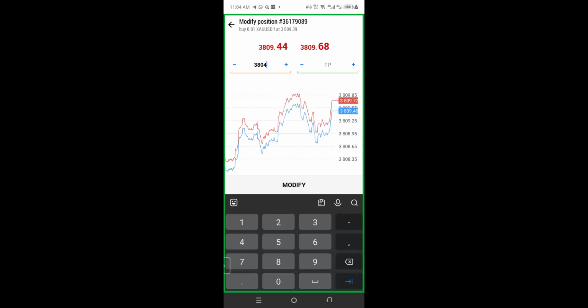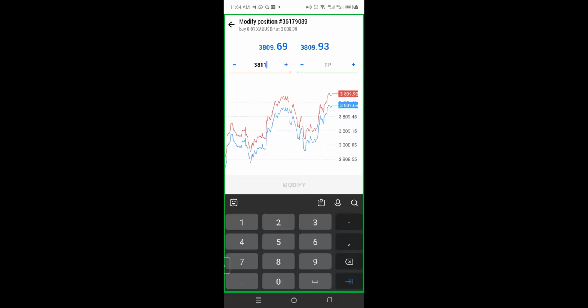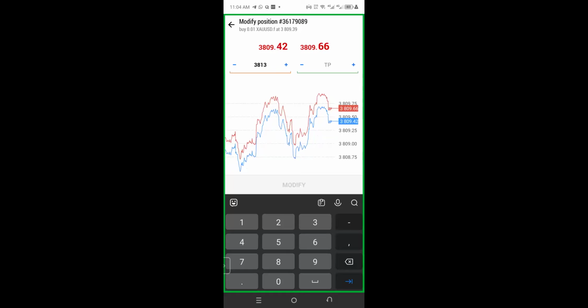I can actually bring my trailing stop to 3810 or 3811, which is like 40 pips away from the entry of this one, or play by my game. I take it to 3813, just 20 pips away from the entry. So I still give it a little more room to do what I want to do and then deliver my profit, and everybody's happy.